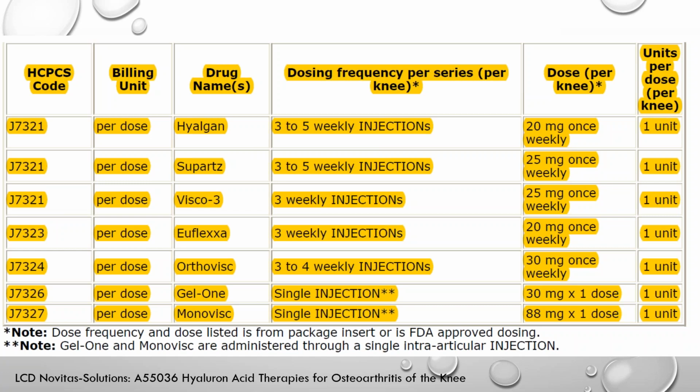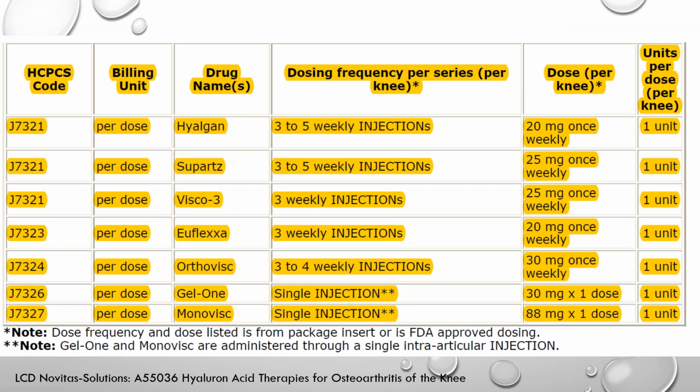One of the things you need to be aware of is, let's say you're doing Hyalgan injections on the right knee, and you've given the patient the 5 weekly injections of 20 milligrams once a week. Now the patient comes back and says, boy, I'm feeling 90% better, but I think one more dose would be great. If you could do one more dose, would you be able to do that for me to get me to 100%?